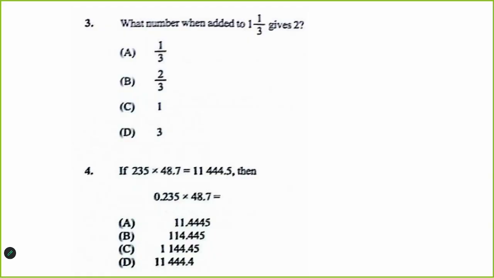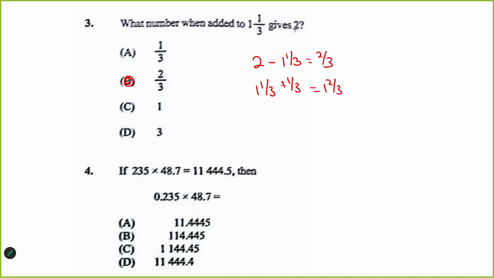Right? What number when added to 1 and 1/3 gives 2? 1 and 1/3, that would be 2/3. That's the difference between 2 minus 1 and 1/3, which would be 2/3. Or you can see, because they give you the answers, you could use these values. So you'll say 1 and 1/3 in your mind, plus a third will give you 1 and 2/3.